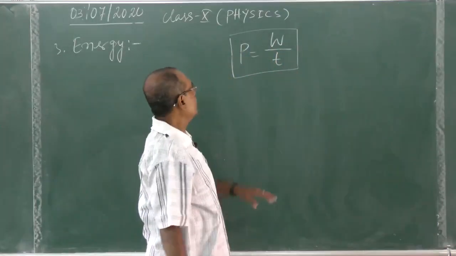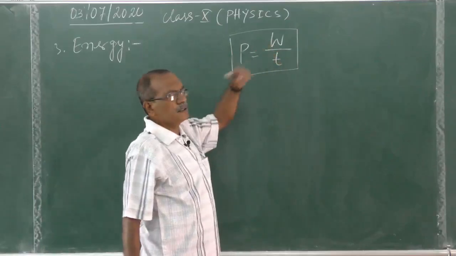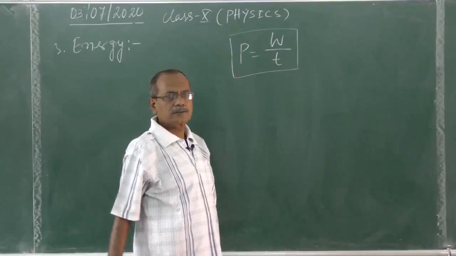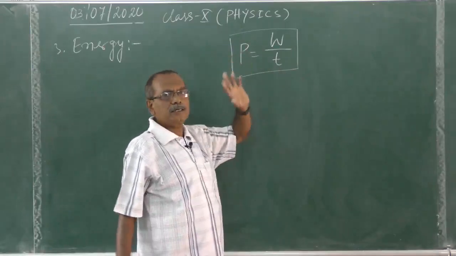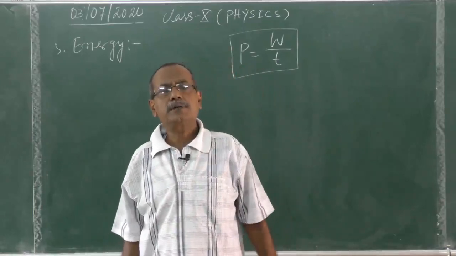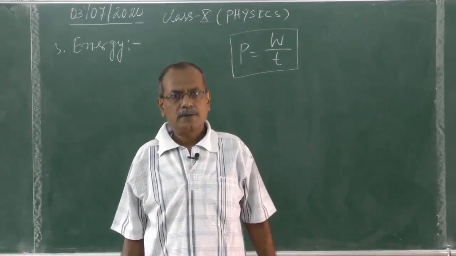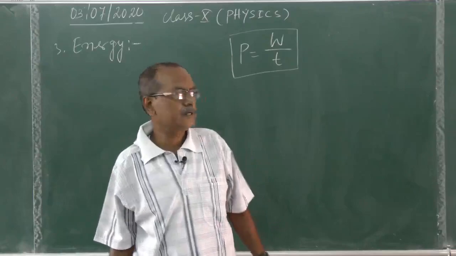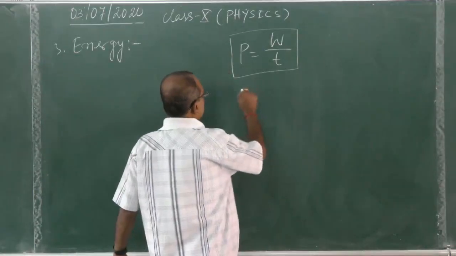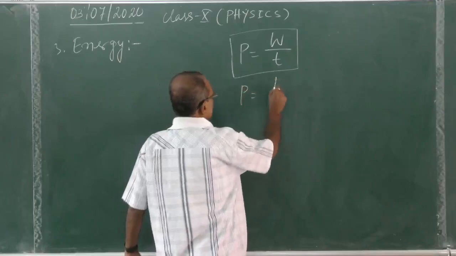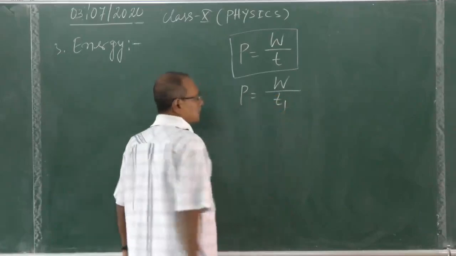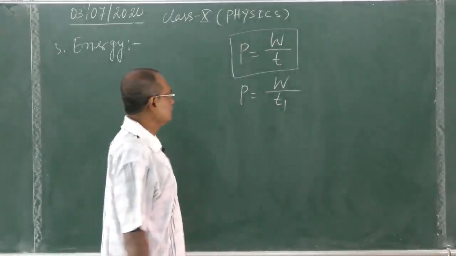So if work done on the body is the same, but the time taken is different, then power will be different. Just one example I am giving you. One person is lifting a load with time T1.